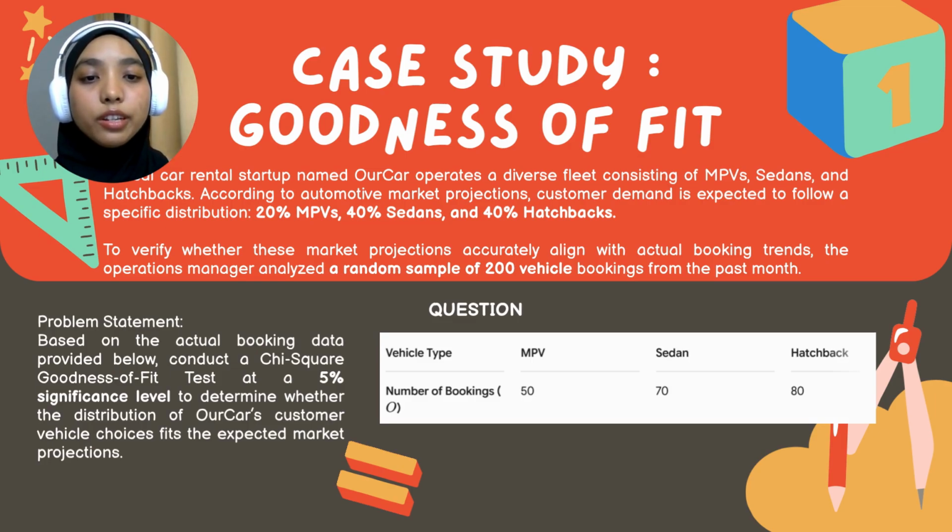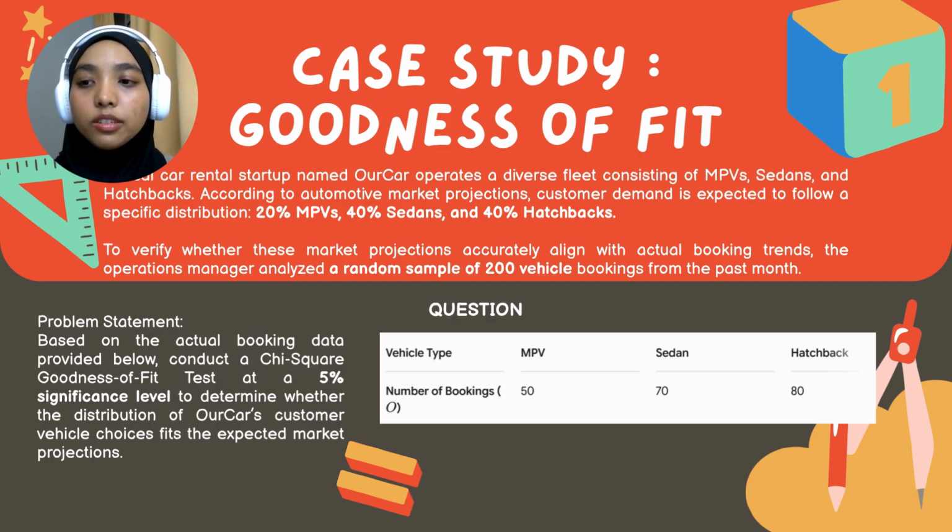To verify whether this market projection is currently aligned with actual booking trends, the operation manager needs to analyze a sample of 200 vehicle bookings from the past month. The problem is based on the actual booking data that we have provided.